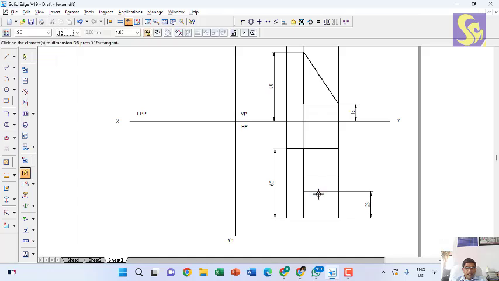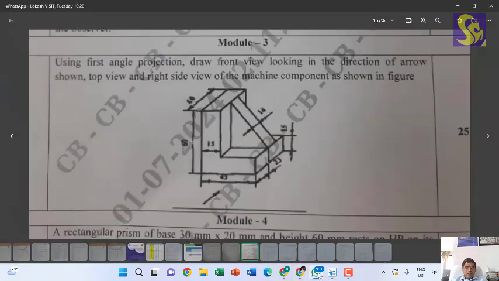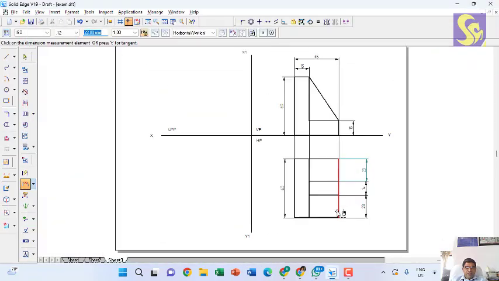And this gap shall be 14, and obviously this gap is going to be 23. So this is a detail what you can see in the top view. This is how the top is going to look like.